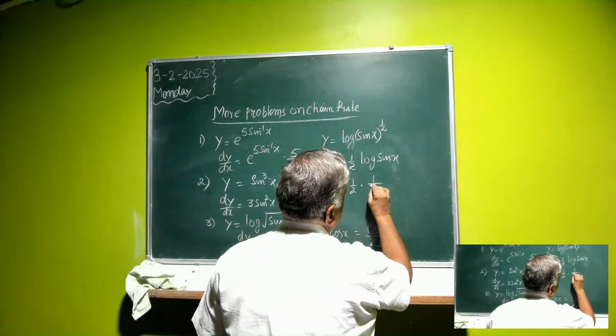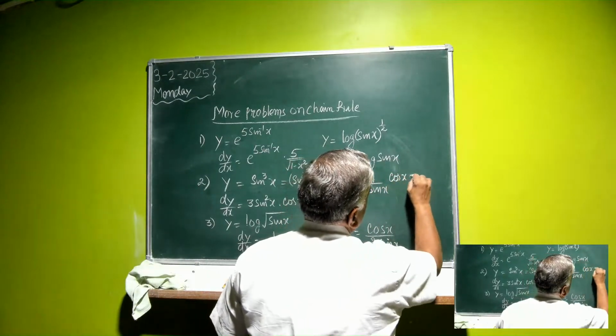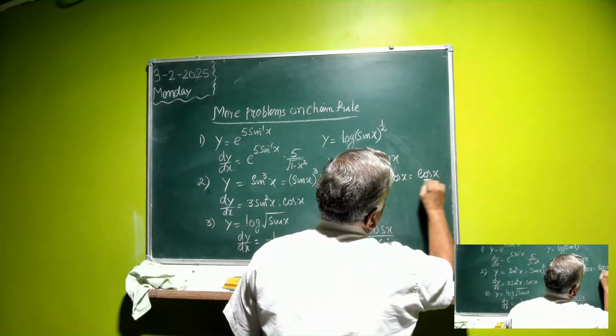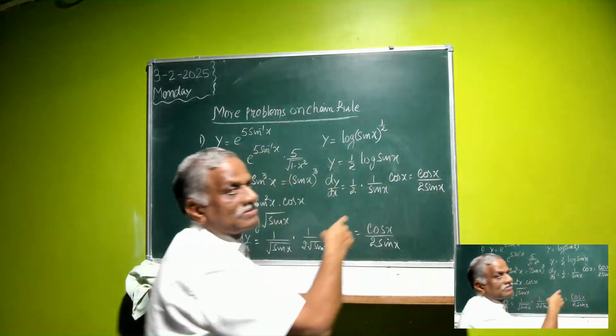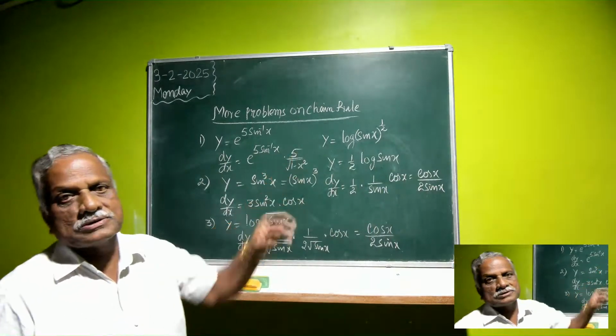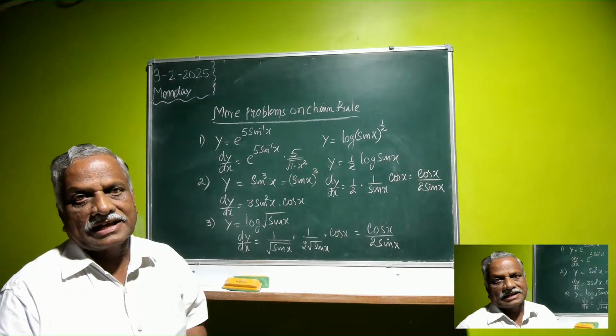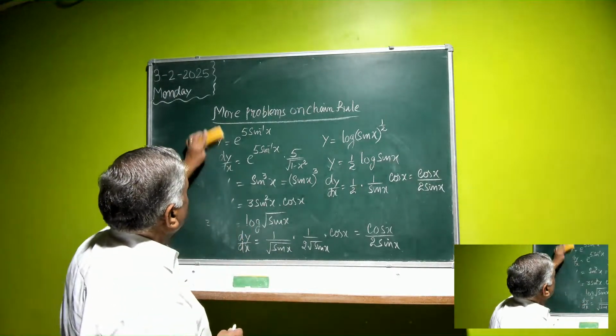Therefore it is 1 over sine x. Then the derivative of sine x is cos x, giving cos x over 2 sine x. You can see both the answers are one and the same. So whenever logarithm is there, if you use the logarithmic laws, the working becomes simpler. This is an example. Let's go to the next problem.